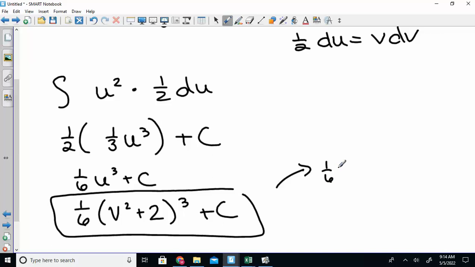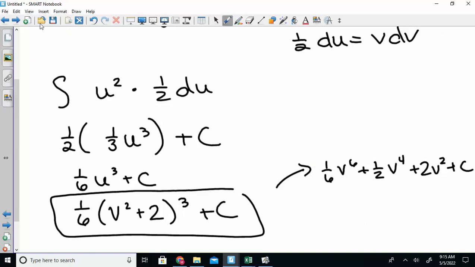If you did it by multiplying everything out, you would have had 1/6 b to the 6 plus 1/2 b to the 4th plus 2b squared plus c. So equivalent answers. Are we okay with that one?